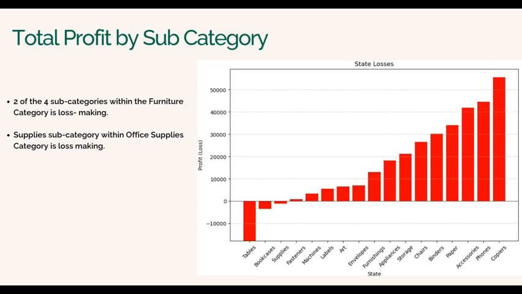So certainly they have to focus more on converting these 2 loss-making subcategories into profit-making ones. That's the takeaway from this analysis.